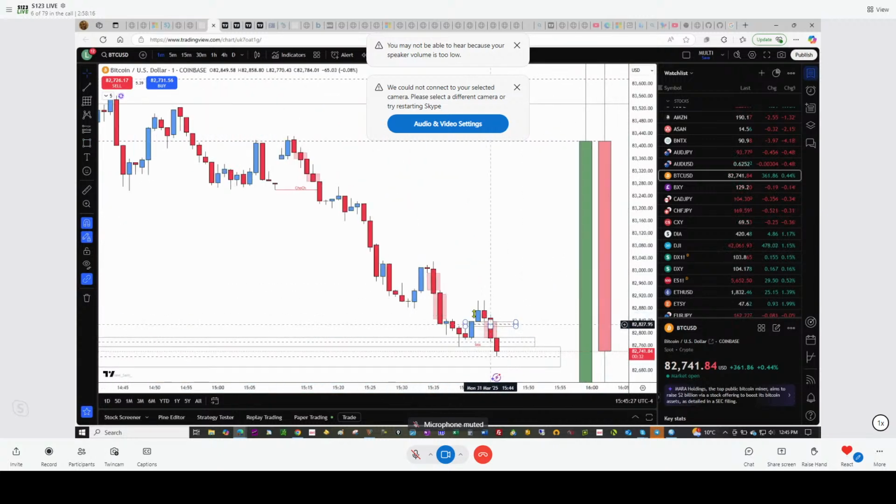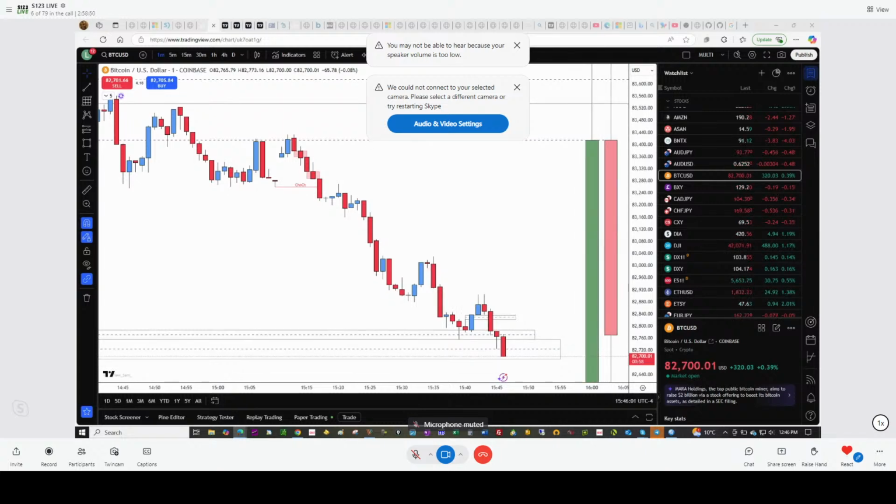Okay, so I'll try it again. Look for a fractal here to continue up. They come right into the middle of the lowest gap. So I'll wait for the fractal. So Bitcoin, NASDAQ is giving us a pullback for one more attempt at the highs.